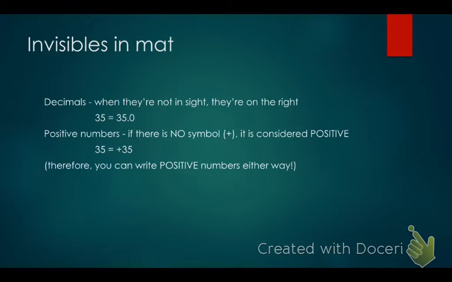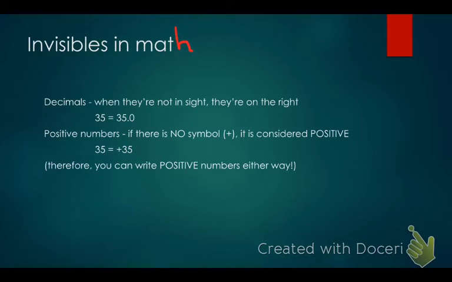I think I forgot a letter in here, so I'll write it in. But we have some invisibles in math. For example, with decimals, when the decimal is not in sight, it's on the right. So we could have 35. We don't see the decimal, so the decimal's on the right: 35.0.